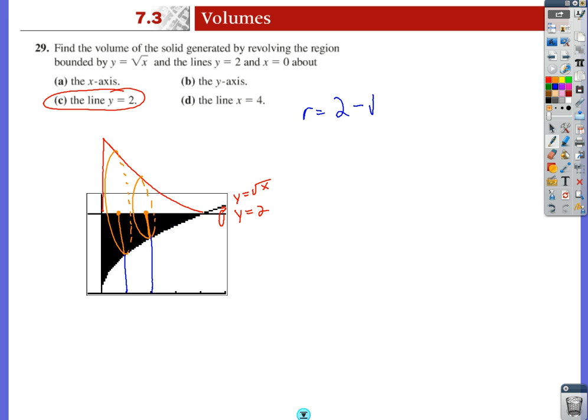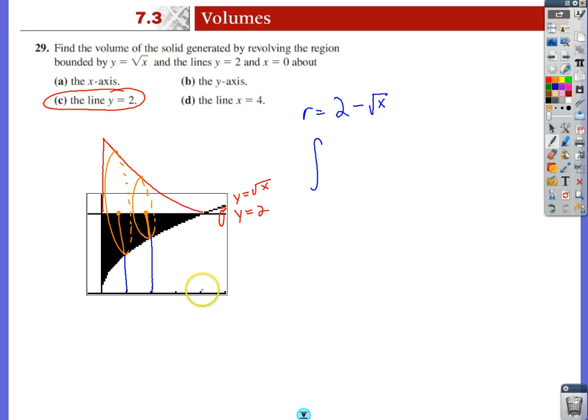So I'm going to subtract the square root of x. And that's going to be my radius. And now I'm set up to try and figure this out by doing my integral. Again, since I'm revolving around a line that is parallel to the x-axis, everything's going to be in terms of x.